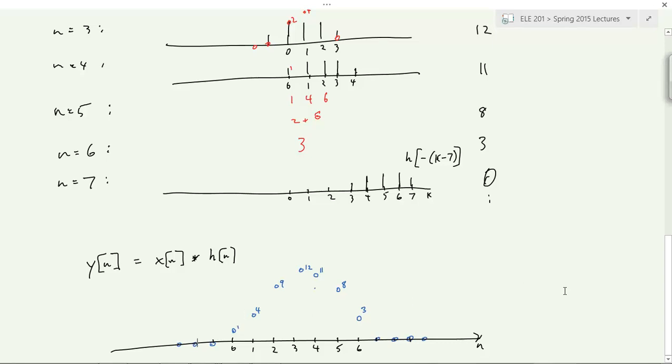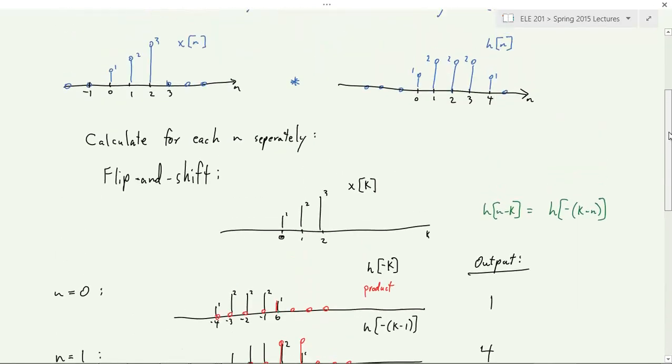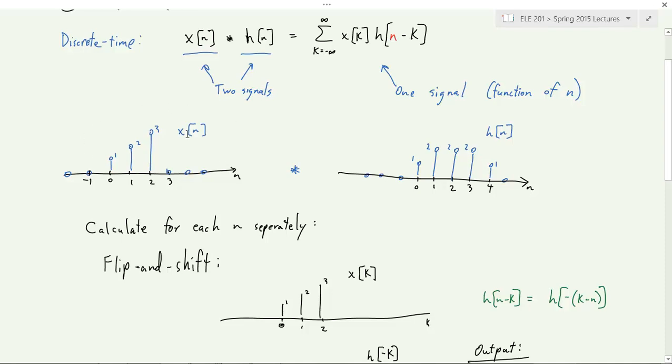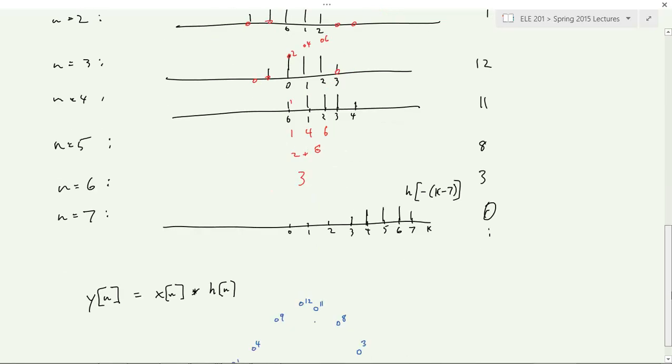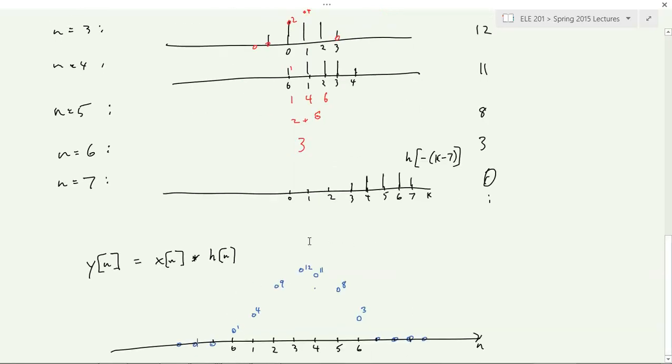Again, we have a plot of the inputs, so let me scroll up to see it. So when you convolved this signal with this signal, you get this thing. Okay, I could put the lines to make it similar here. Okay, you get this. It's your output.